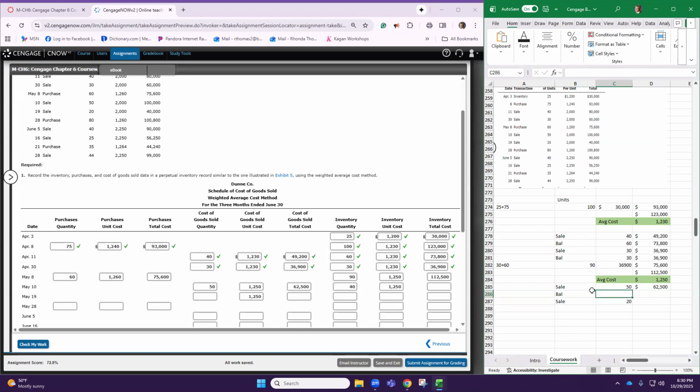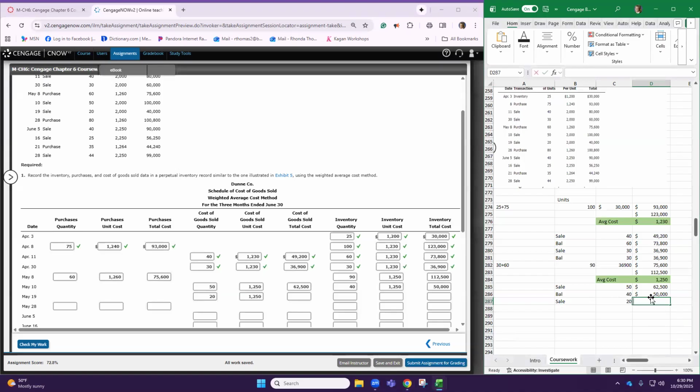So balance then is 40, equals 90 minus 50. And 40 times the average cost is $50,000. And now we're ready to sell 20.